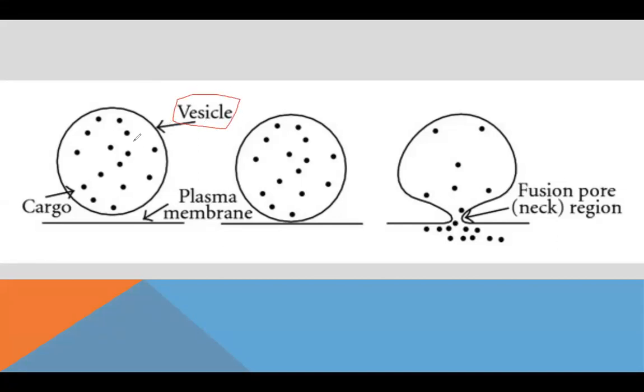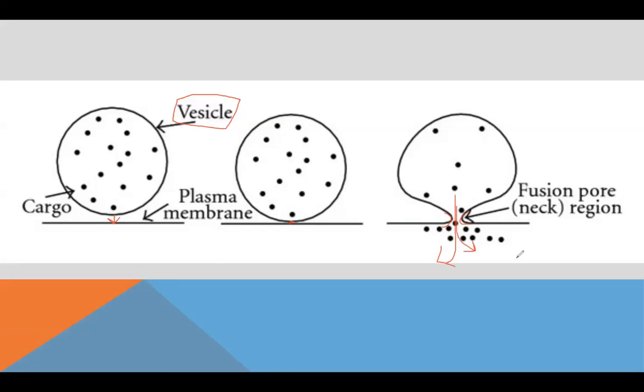That's a bubble of membrane that can transport things around. You can put the stuff you want to move across the membrane inside of a bubble of membrane, and the bubble can then move toward the cell membrane. And when it bumps right up against it, it can actually fuse with it. The bubble merges with the cell membrane, and the cargo that's inside can then come out and go into the cell.